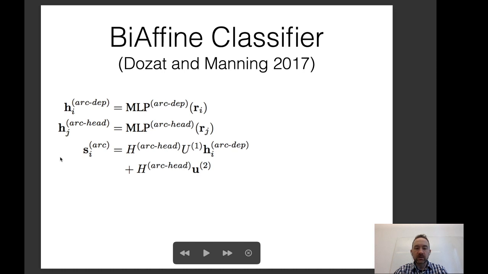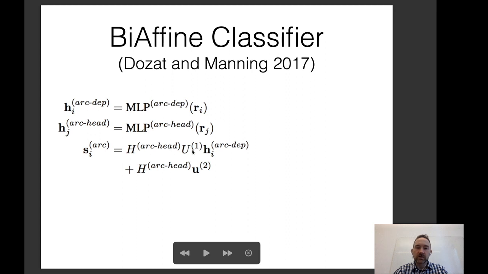The way the arc score works is we have the head and the dependent, and we calculate a bilinear correspondence between them. We have the dependent vector along with the head vector, and we have a matrix in between to calculate the score.